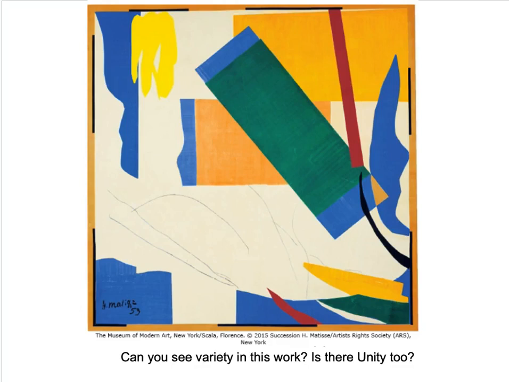You could say, because the shapes are all so different, there's not too much unity. They feel disjointed. They don't feel like they go together. Or maybe you say, well, using multiple rectangles kind of unifies it, because that's a similarity that you can find in the shapes.